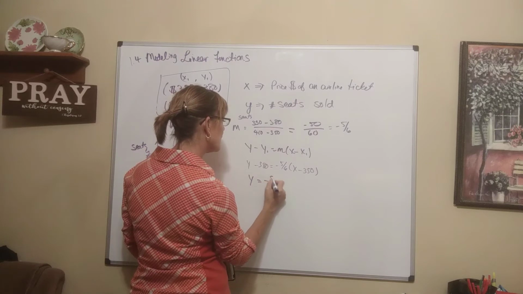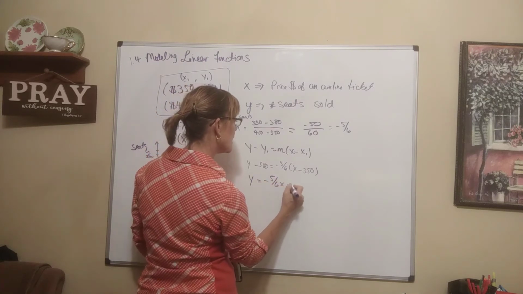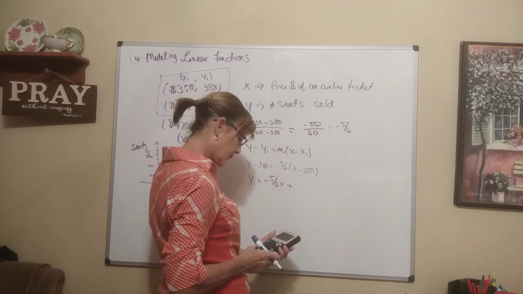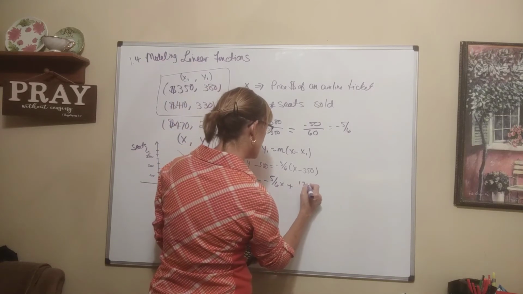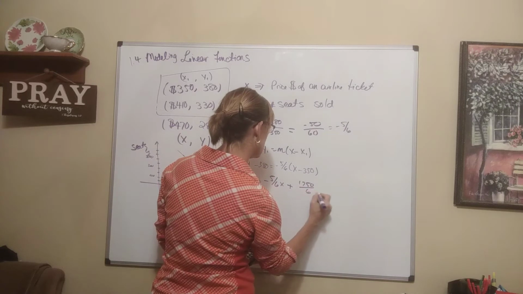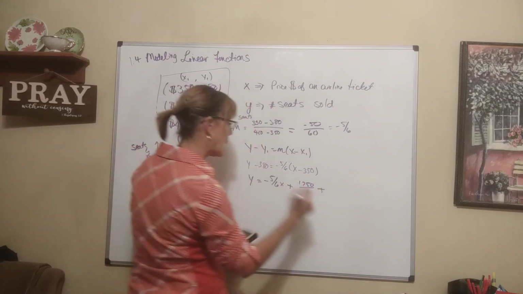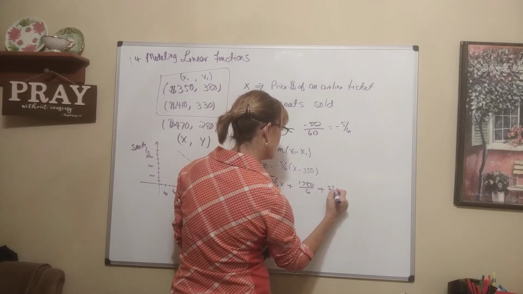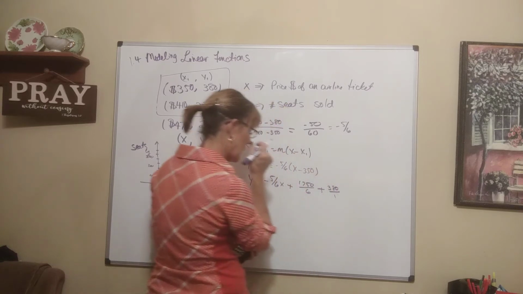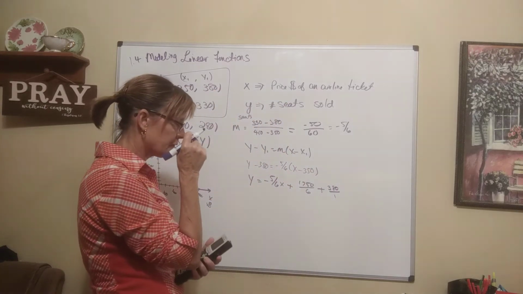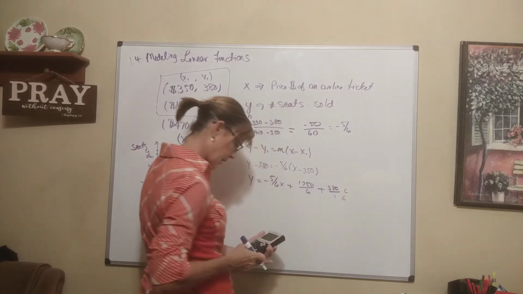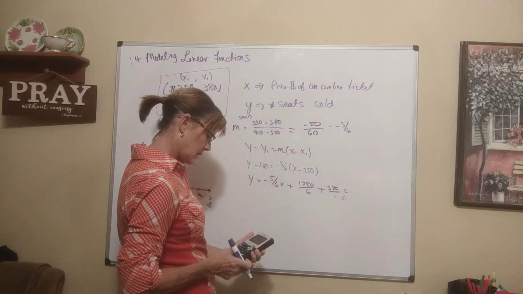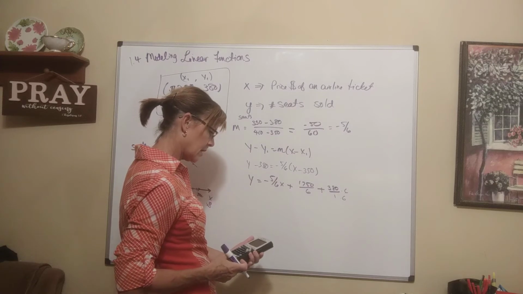y is equal to negative 5 over 6x plus, let's see, 350 times 5 is 1750 divided by 6 plus 380 over 1. Okay, so if I'm going to use the fractions, I'll say times 6 times 6. 380 times 6 gives me 2280.